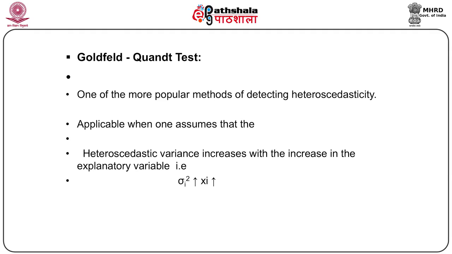In other words, we only use this test if we have reasons to believe that the heteroscedastic variance has a positive correlation with the explanatory variable. That is, sigma i square increases as xi increases.